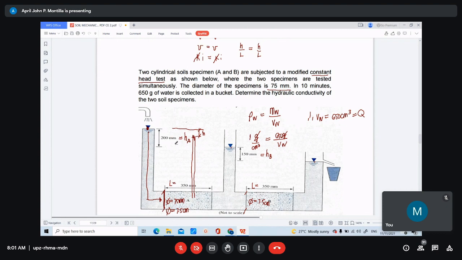No? Nasaan yung ating gradient line? From this point to this point. It involves linearity. No? Between this line. Ngayon, meron tayong triangle na mafo-form. No? With respect to the triangle, you can use ratio and proportion para ma-solve nyo yung head losses natin.